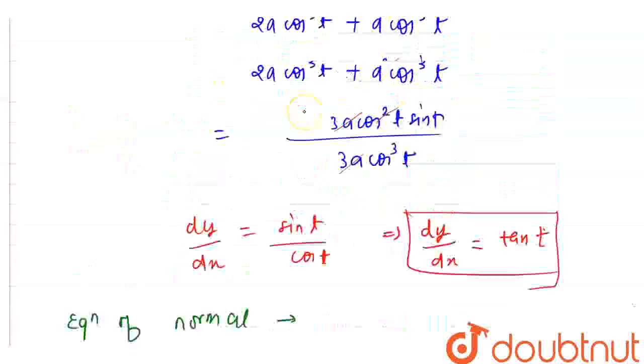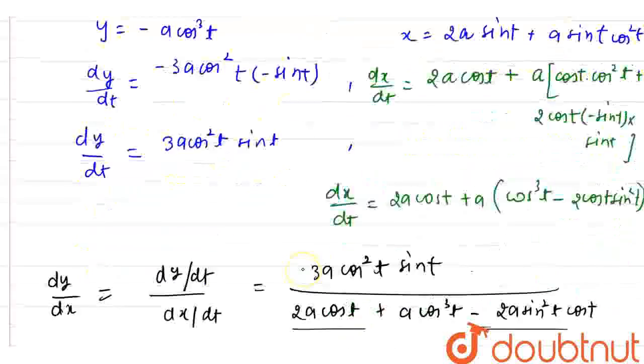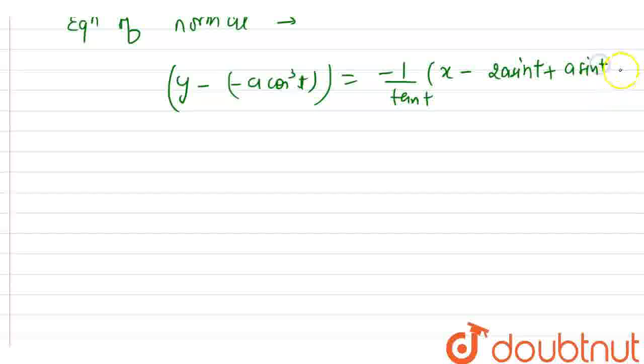x minus x1, you can see here 2a sin t plus a sin t cos square t. I'm writing here 2a sin t plus a sin t cos square t. So this is my x. Okay, complete.